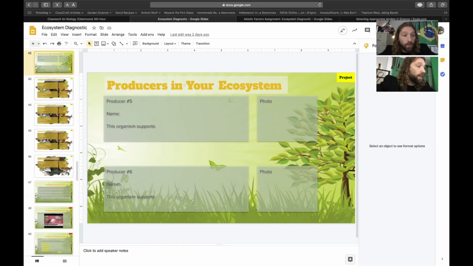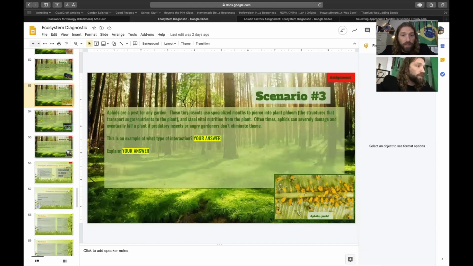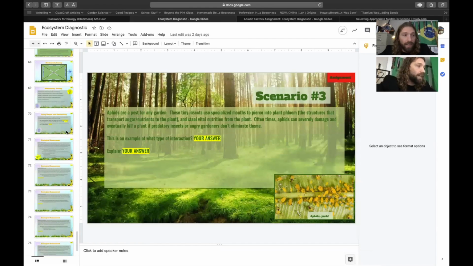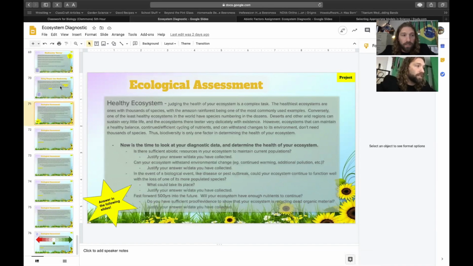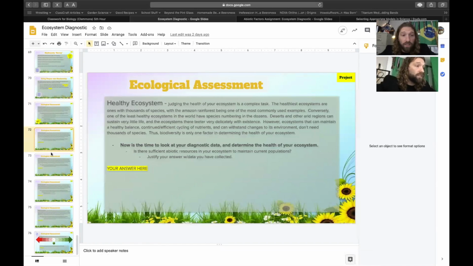So anyways, by the time you are done with this entire project, the idea is to get down here to the ecological assessment. And this is what's worth the biggest amount of points. The ecological assessment part of this is you now completely analyzing all of the data that you have collected, and you are going to answer some questions that are geared at assessing the health of your ecosystem.